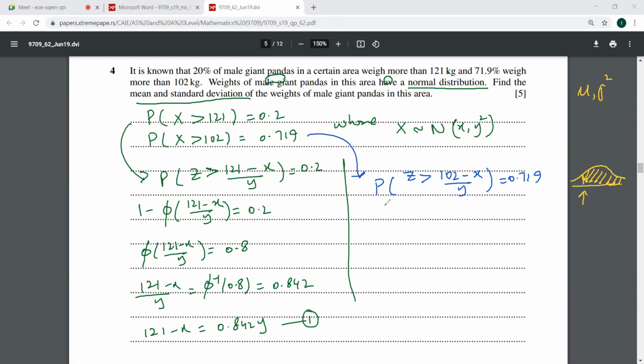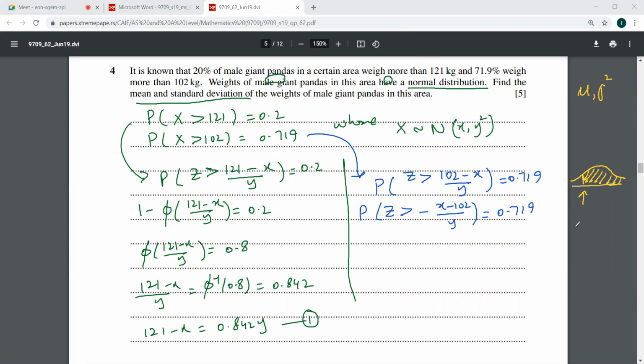So we have to make it negative, otherwise we will be stuck. So this is going to be probability Z is greater than, I'll take a minus common from here so that this looks to be minus here, 0.719. We have a greater than sign, we have a minus here.